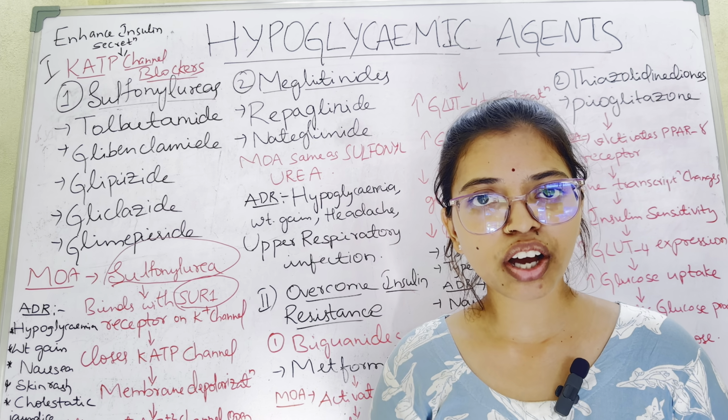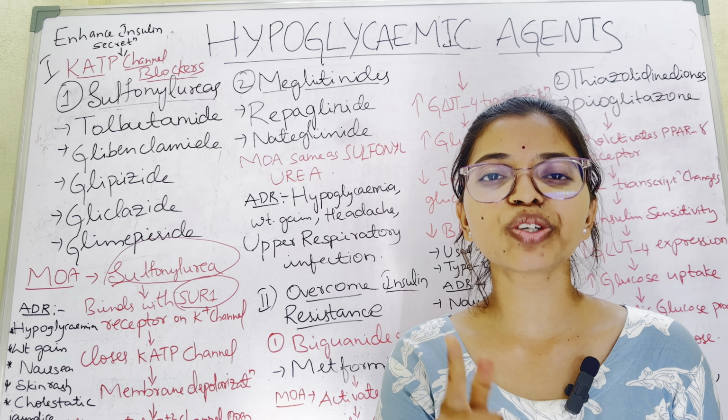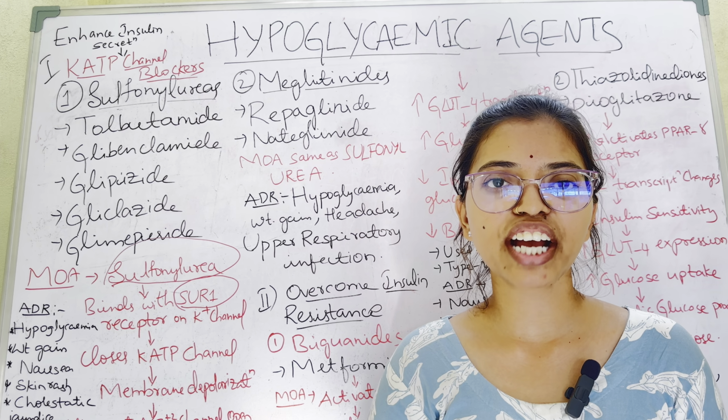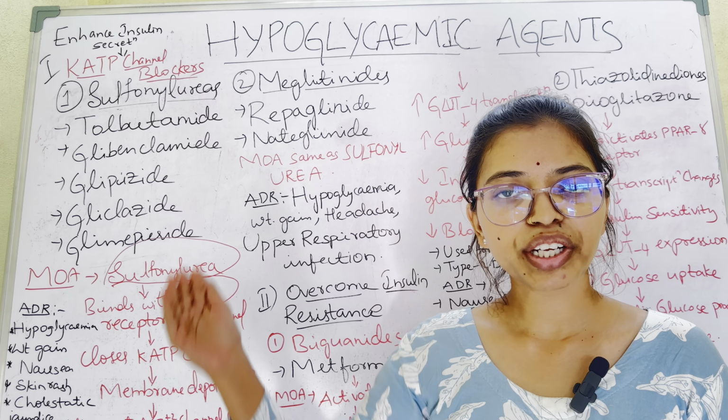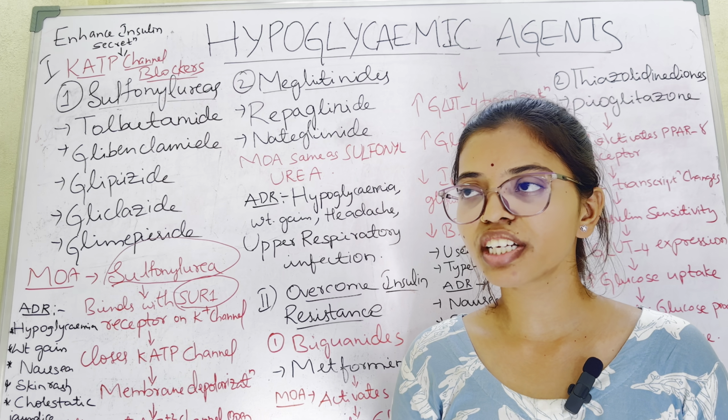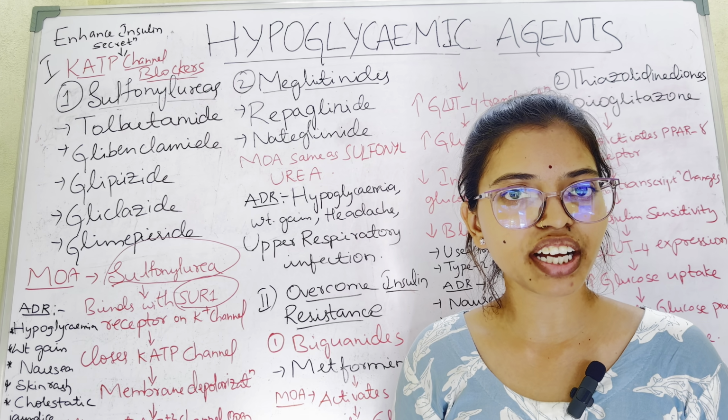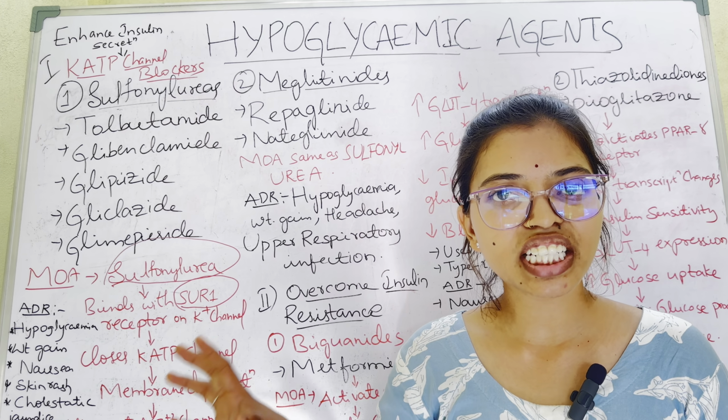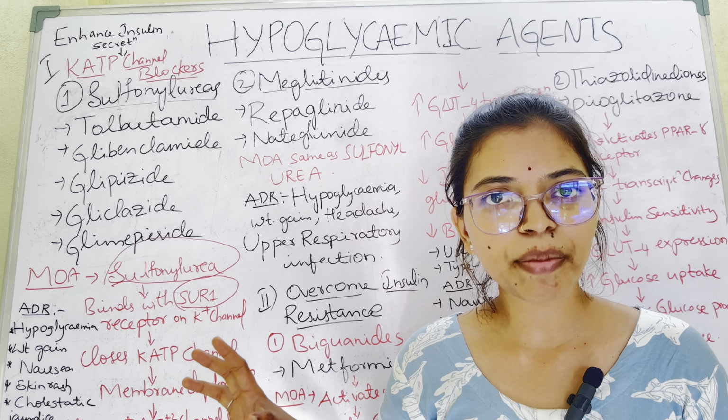When you know all of this, it is very easy to learn the mechanism of action. When you understand the mechanism, you will get to know the adverse effects that will come, because the physiology has been changed.